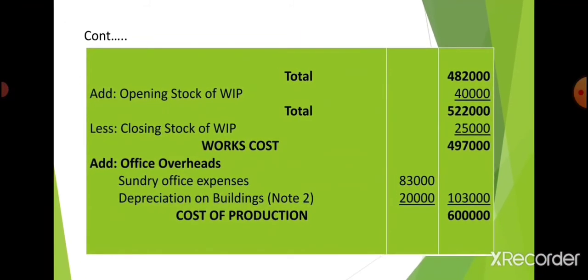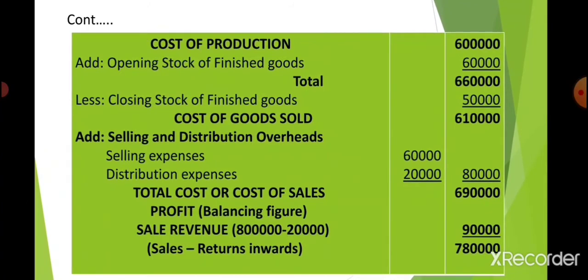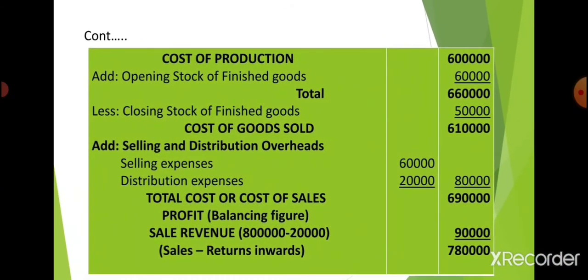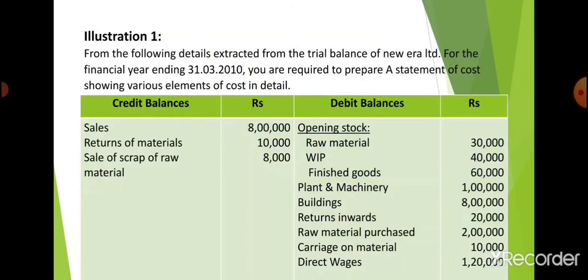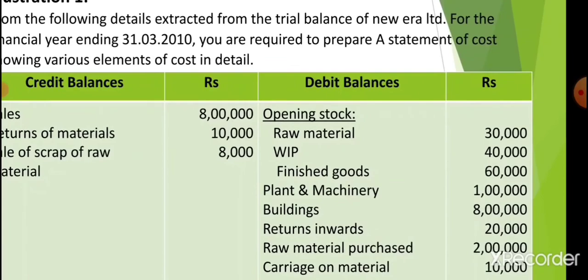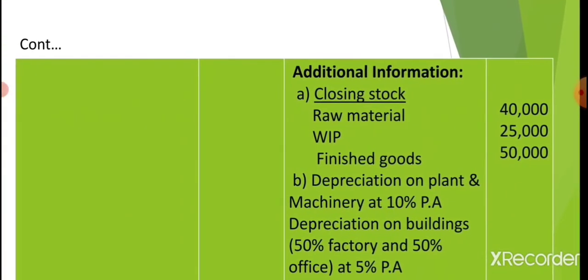To this cost of production, we have to make adjustments of opening and closing finished stocks. So cost of production, that is 6 lakhs, we have to add the opening stock of finished goods and deduct the closing stock of finished goods. Opening stock of finished goods 60,000 and closing stock of finished goods 50,000.